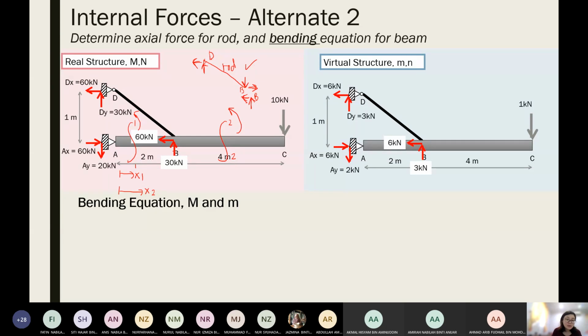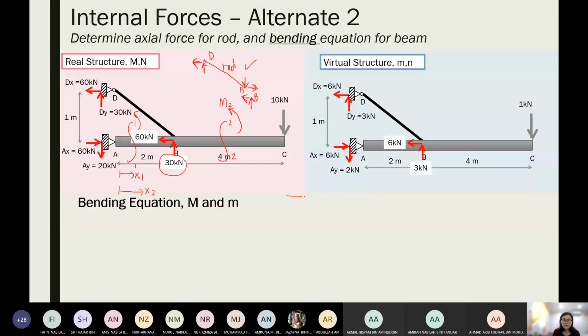So now you already have this 30 and 60 kilonewton. This 30 kilonewton will also be incorporated in finding the moment at number 2. Can we try? If this is too messy for you and you cannot see at all, you can draw your free body diagram.